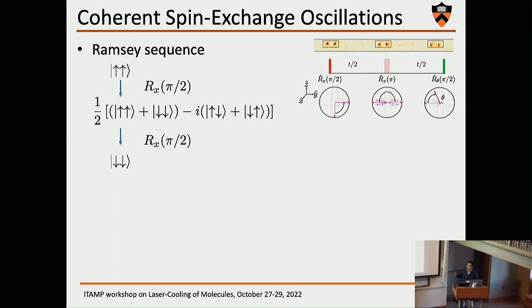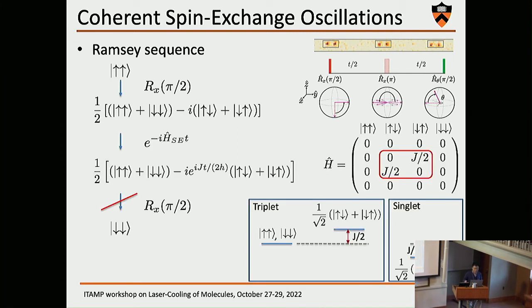Now, if you think about the Ramsey sequence, starting with 2 particles in spin-up, if I apply a pi over 2 pulse, and then immediately apply another pi over 2 pulse, the 2 ups will be converted to 2 down. But if I wait for a little bit of time before I apply the second pi over 2 pulse, this superposition of up, down, and down, up can actually acquire a phase.